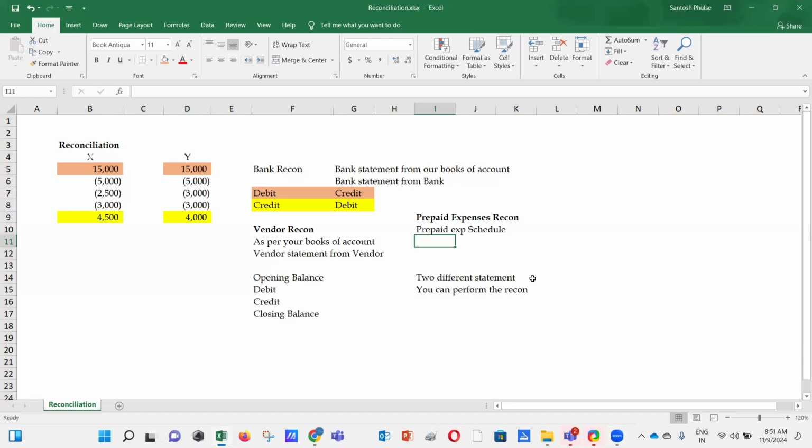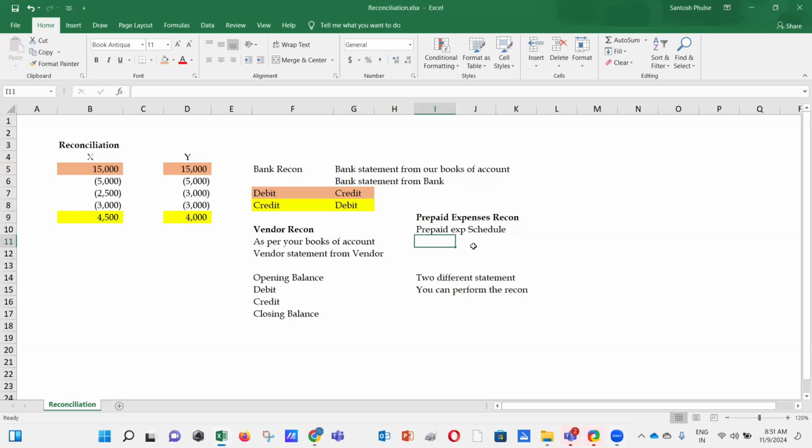If the expense off from the prepaid expenses for that particular October is 60,000, and you have entered something different, that's a problem.